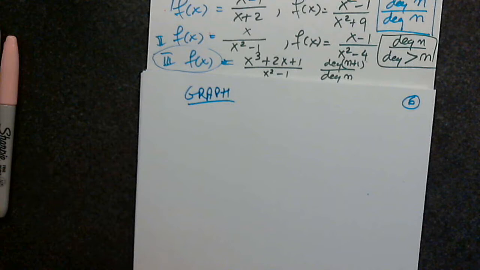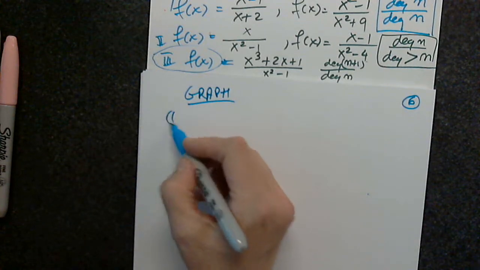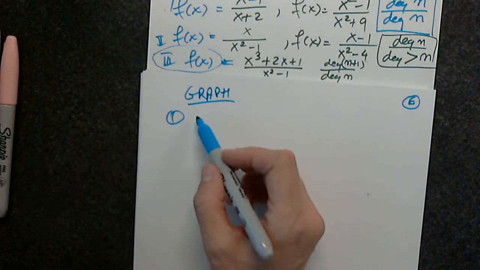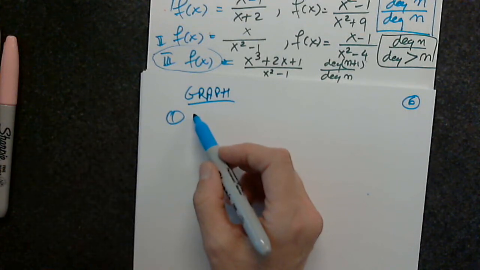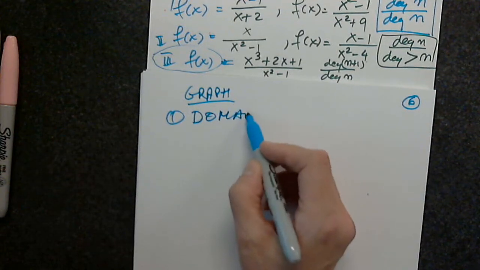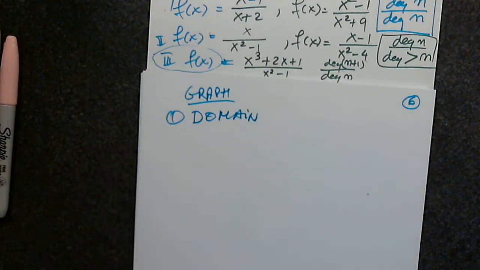And here's the list. Of course, the first one must be at all times what? It starts with D. Always. Always domain, forever, in all functions. Every time I'm asked to graph a function, my first thought must be the domain.